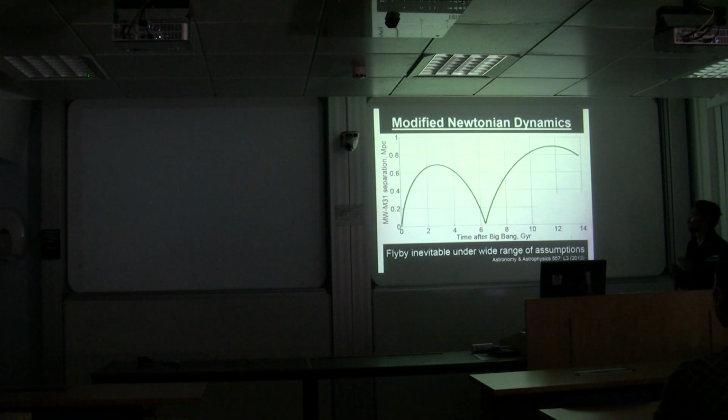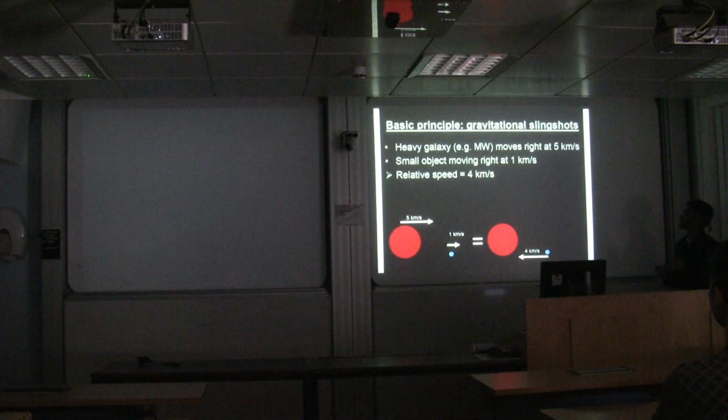However, in modified Newtonian dynamics, a flyby is inevitable in somewhere around this kind of time frame. Because Andromeda is on an almost radial orbit with respect to the Milky Way, it's quite a close flyby. And actually you can't avoid a flyby like that in this model. So it's quite different, and that will have consequences.